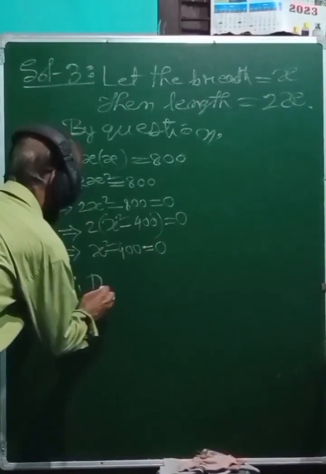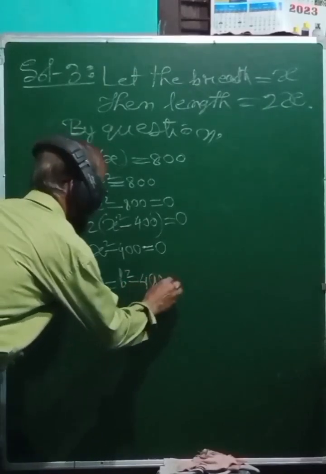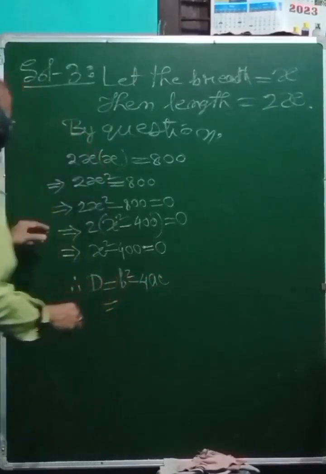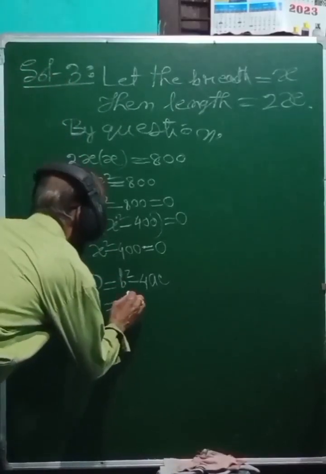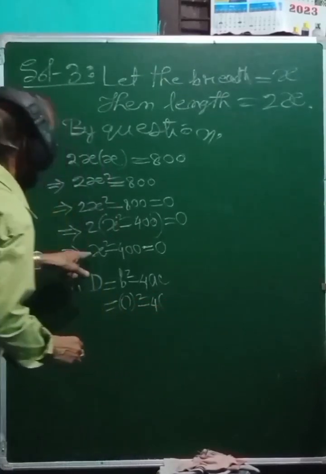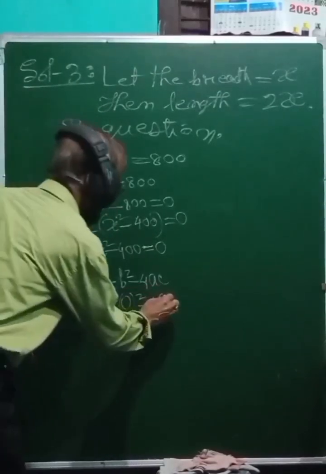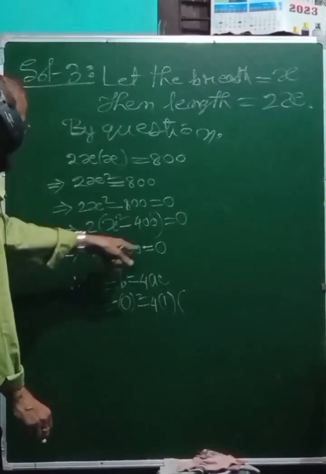Therefore, D is equal to b square minus 4ac. Here b is 0, so 0 square minus 4 into a, where a is 1, the coefficient of x square, and c is minus 400.